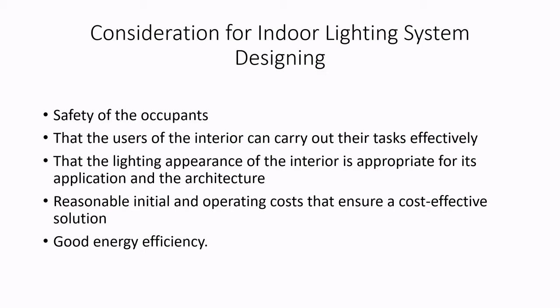You also have to consider the appearance of the interior. Maybe some lighting conditions may not be applicable or approvable for some applications. And you also have to consider the initial cost and operating cost, and do a cost effective design, and you also need to do an energy efficient design when it comes to lighting.